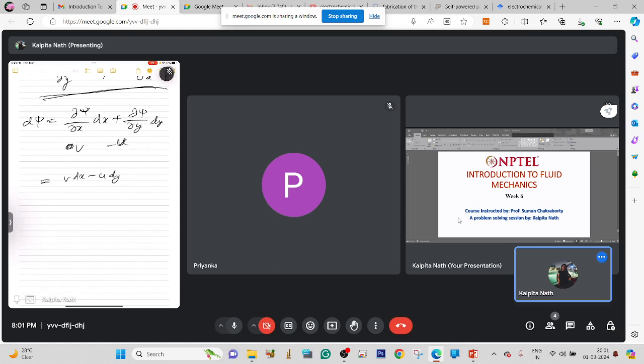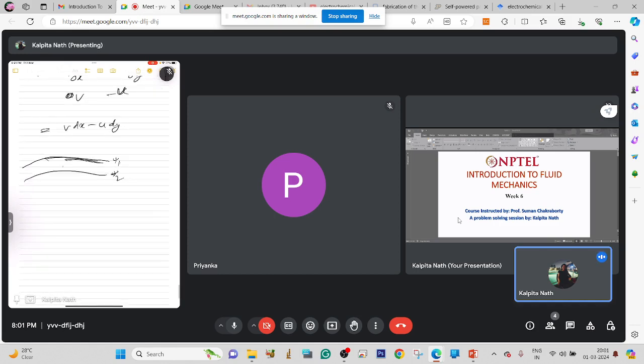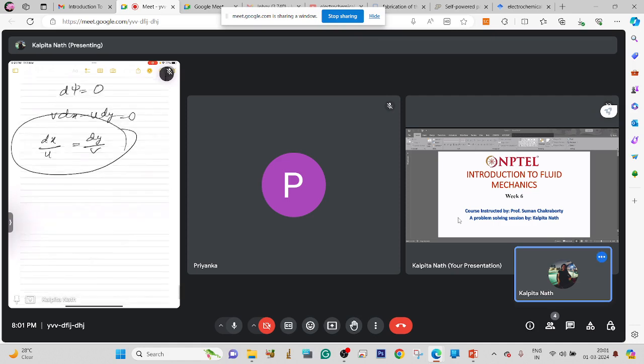If we consider along a streamline, streamline 1 and streamline 2, there is no variation of stream function. So along a streamline d psi will be 0. That means v dx minus u dy is equal to 0, so dx upon u is equal to dy upon v. This is the equation of streamline.